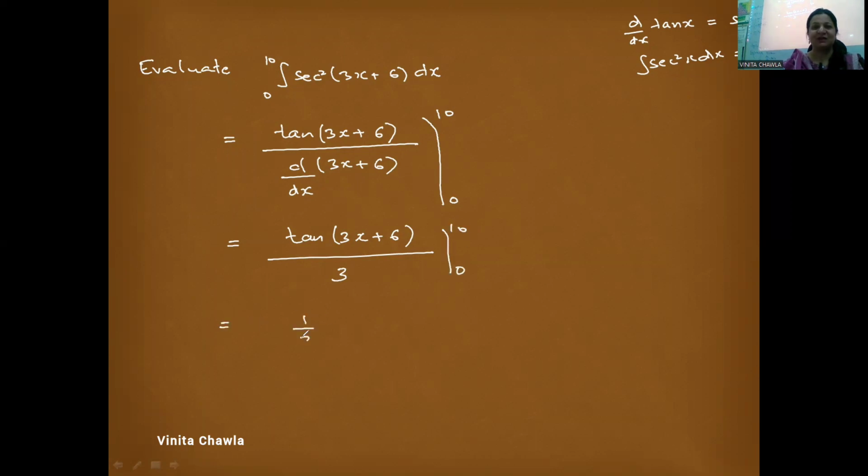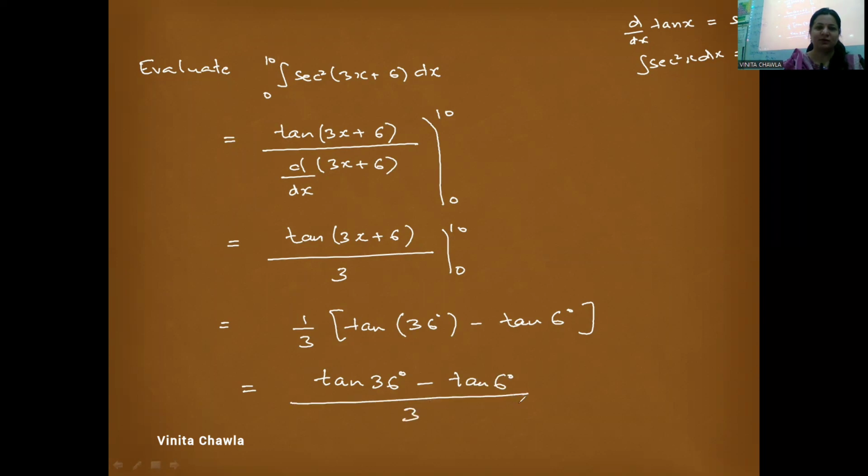Now, 1 upon 3, x is 10, okay? So tan(36) minus tan(6), here we will put 0, so 0 plus 6 is 6. Answer is tan 36 degree minus tan 6 degree upon 3. This is the answer.